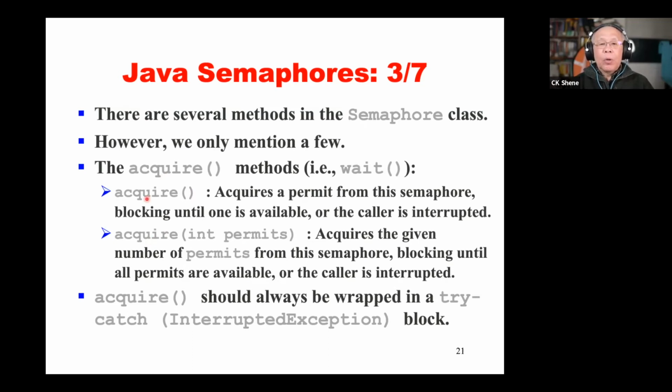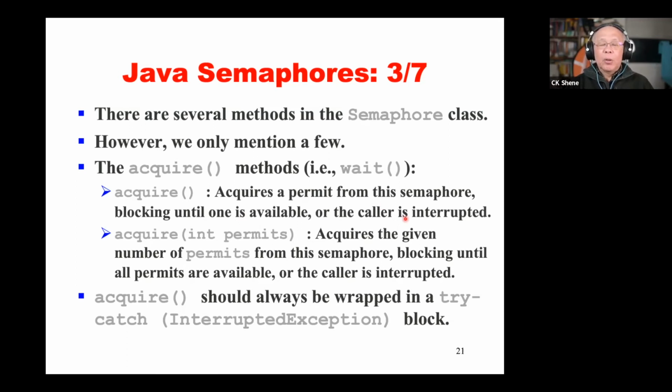Now, if you call acquire, it's just like calling the wait method. The call to the acquire method acquires a permit from the semaphore. That is, the permit count will be decreased by 1. The caller will be blocked until 1 is available, or the caller is interrupted.